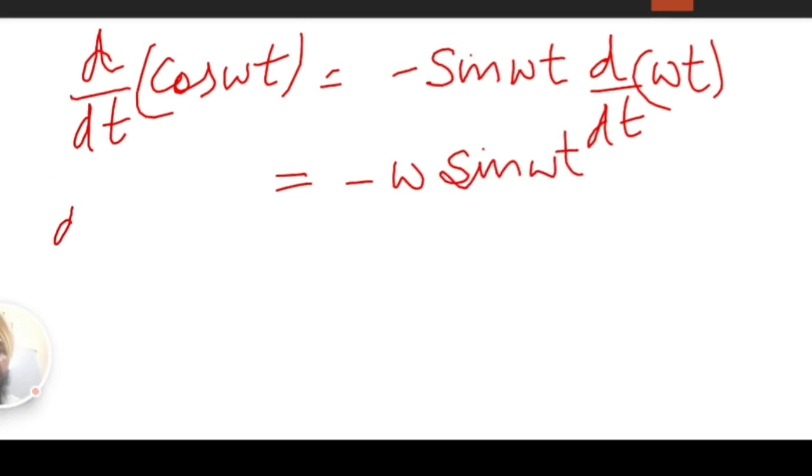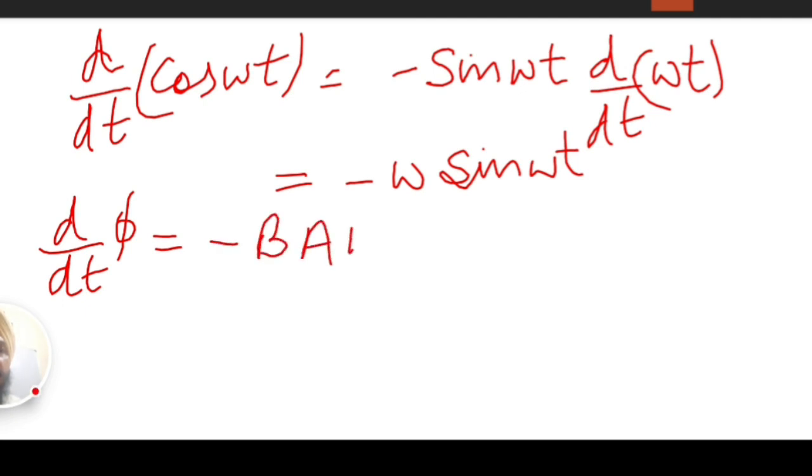The rate of change of magnetic flux will be equal to minus B A omega sin omega t.